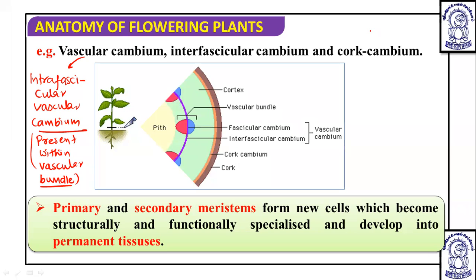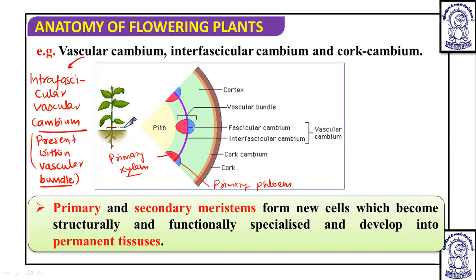Within the vascular bundle means what? See, suppose this is the primary phloem, and this one is the primary xylem, and this is the whole cross section of this part. One xylem and one phloem form one vascular bundle. So the cambium which is present within the vascular bundle is known as intrafascicular vascular cambium.